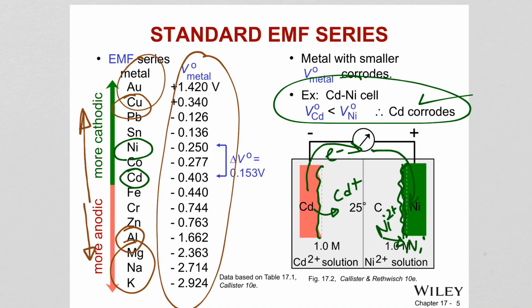So if I give you this table, and I give you two metals, and I tell you I connect these metals, which one is going to corrode? You should always know the one with the smaller standard potential is going to corrode. And this here is called a galvanic couple.